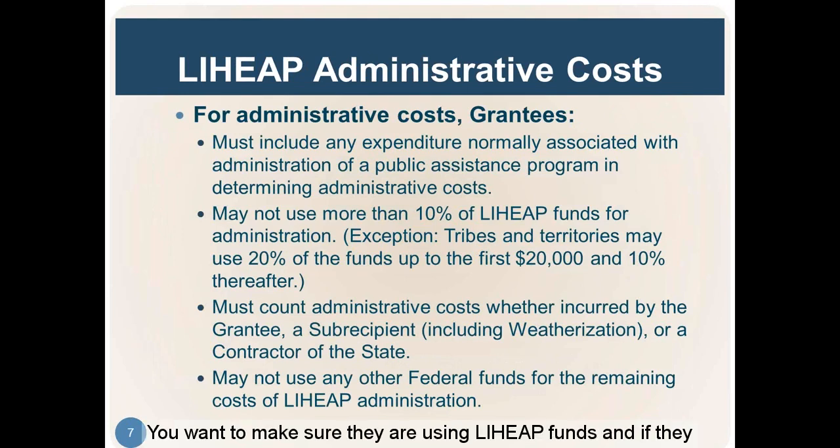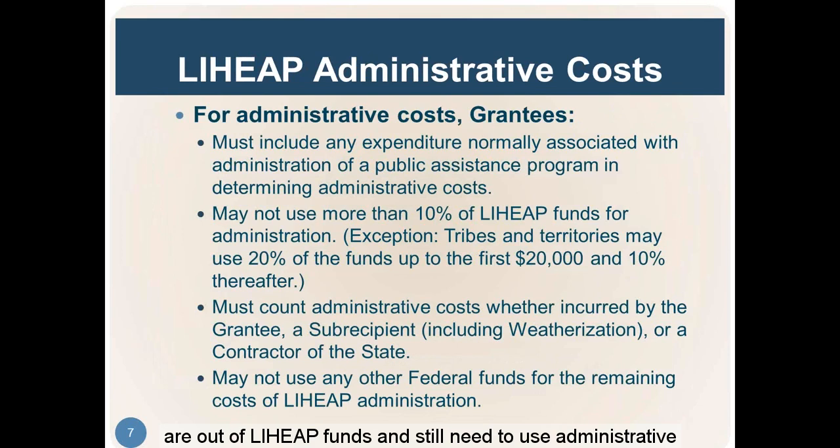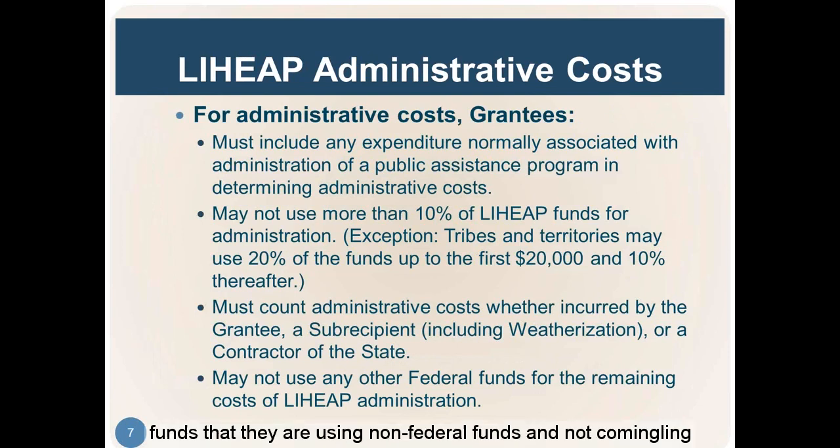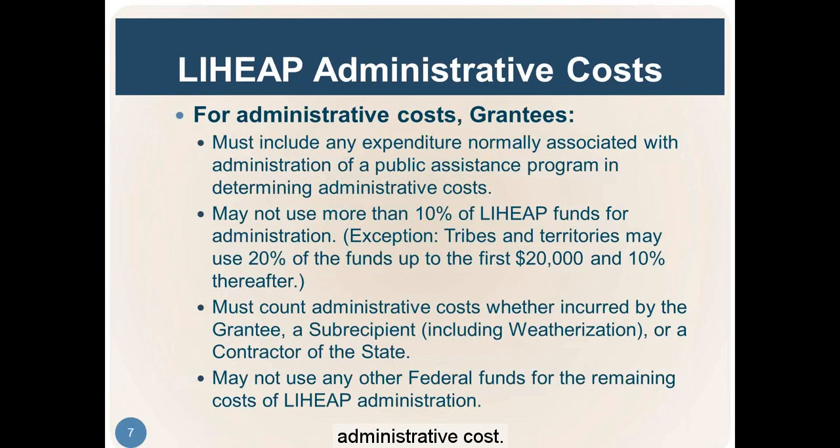So you want to make sure they're using LIHEAP funds, and if they are out of LIHEAP funds and still need to cover administrative costs, that they're using non-federal funds, not commingling federal funds together, perhaps state-issued funds, but definitely non-federal funds.